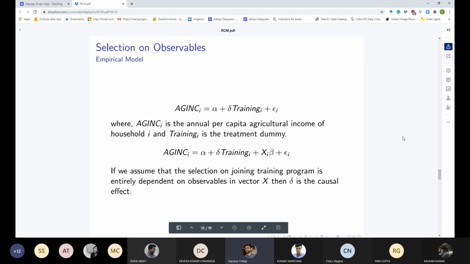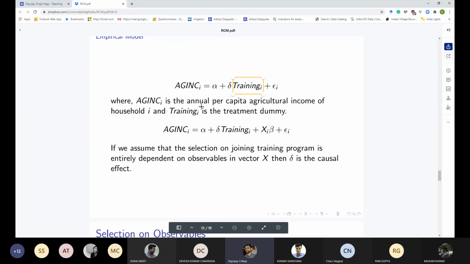So given the very simple example that we're working with here, we can write a very simple regression. The outcome is nothing but the per capita agricultural income for household i, and the treatment D_i is training, whether they attended training or not. Training is the treatment dummy. So this regression here doesn't have controls. You can write another regression where you add a vector X_i which has a bunch of controls.